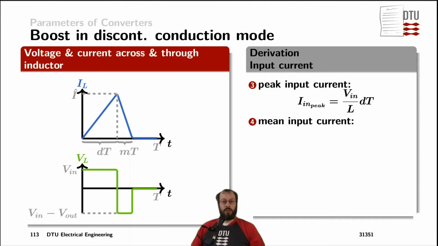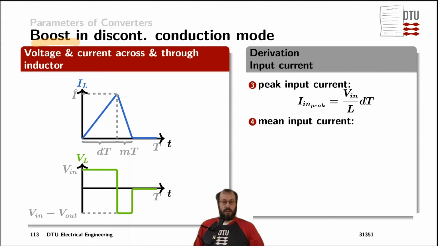For the boost converter, we can use the same generic assumptions that the converter is, as in equation 1, 100% efficient, and we can always use Ohm's law across the resistor, across the load. But the voltages in a boost converter across the inductor are different.